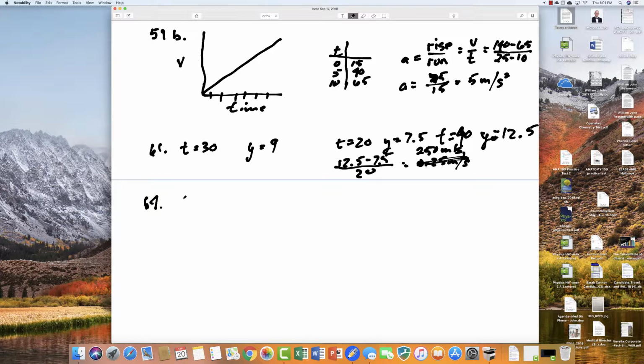Okay, let's look at 64. Take the slope of the curve to find a jogger's velocity at time 2.5 seconds, and then repeat at time 7.5 seconds. And it must be consistent with the other graph.